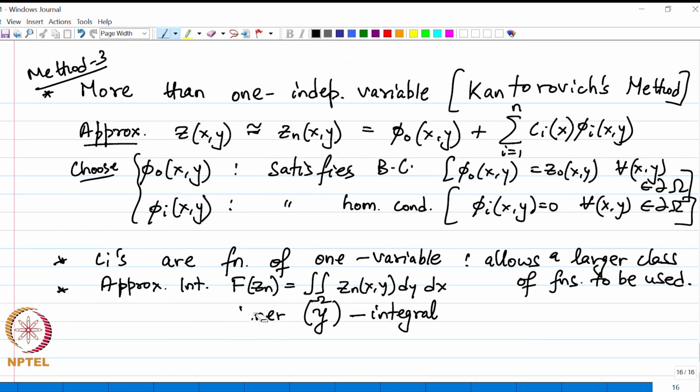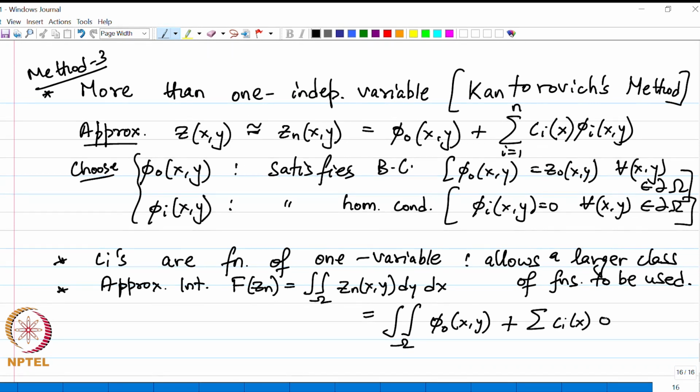Let me rewrite this slightly below. This is also equal to the double integral over omega of the summation: phi_0 of x y, plus summation C_i of x times phi_i of x comma y, dy dx, right. So, we can take out the integral over x, and then we have the inner integral over y of phi_0 dy.